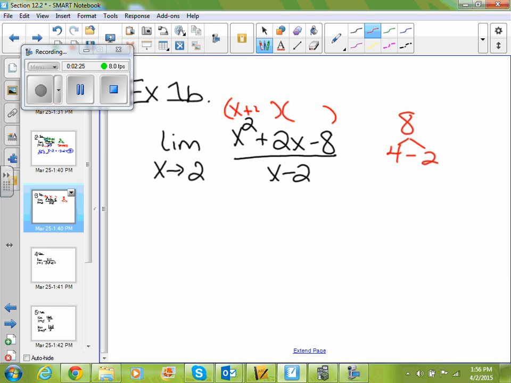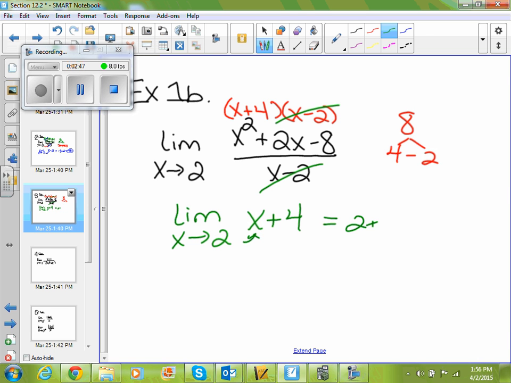So x plus 4 and x minus 2. And then I can cancel my x minus 2. So I'm given the limit as x approaches 2 of x plus 4. Plug in my 2, 2 plus 4 is 6.